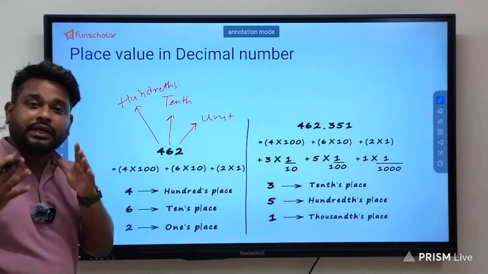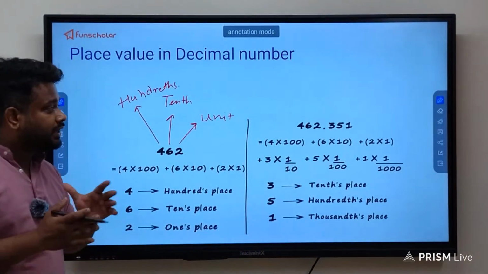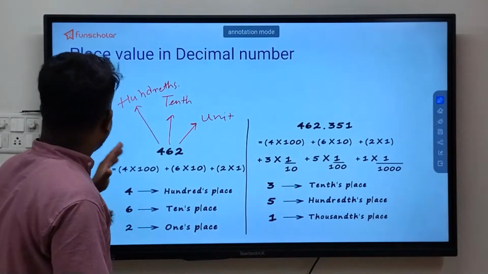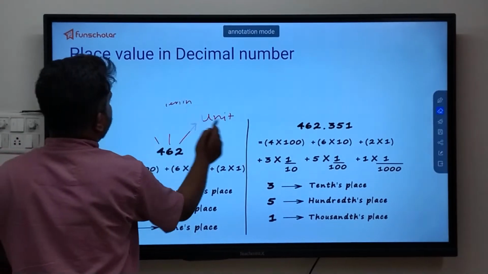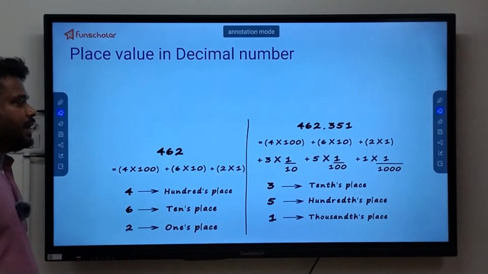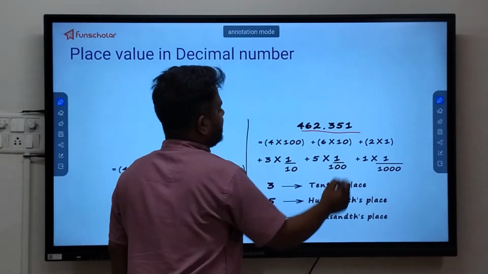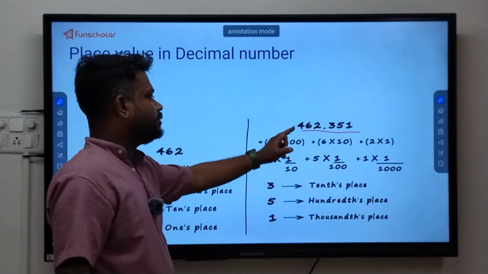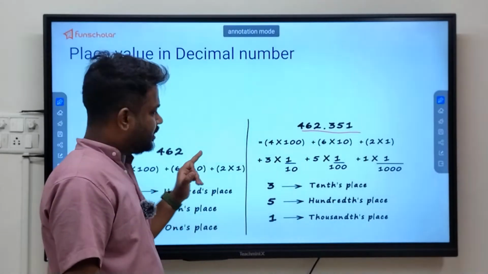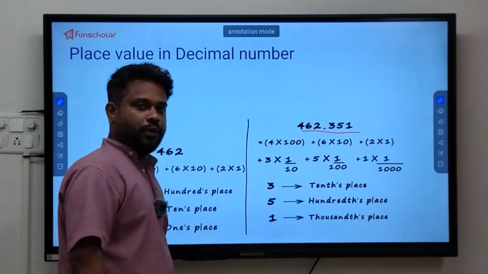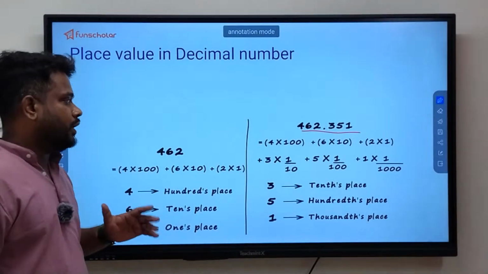But what about decimal numbers, or pointed numbers, or fractions? They all follow the same rule of place value system as well. Just like in this case, 462 is written and followed by point 351.